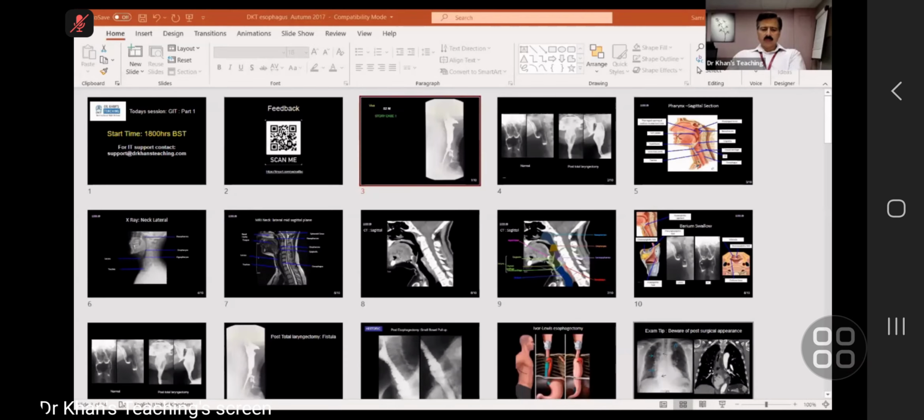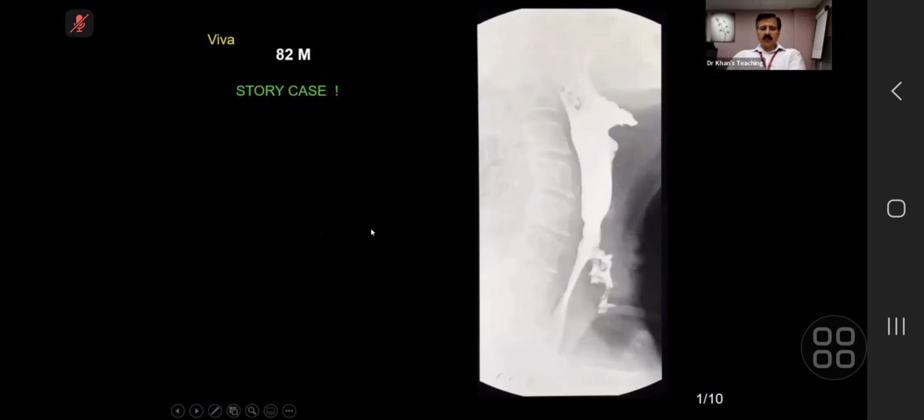So let me try it again. Screen share. Is it projected now? Yes. Candidate 9 now. Can you raise your hand? Yeah, candidate 9 is with us, and over to you.